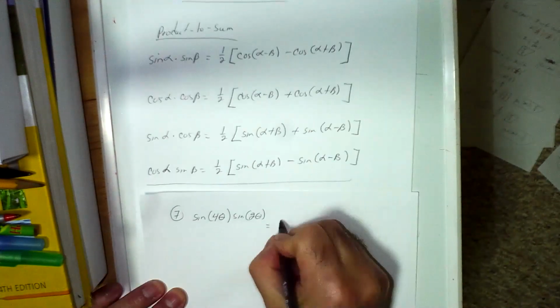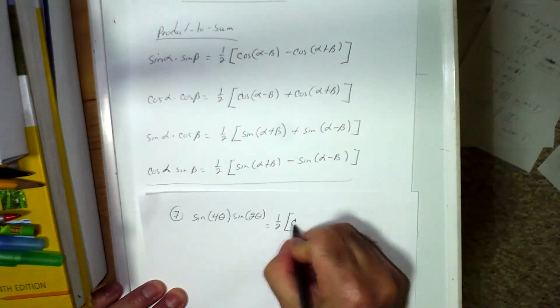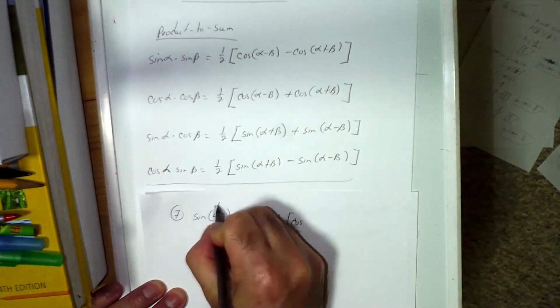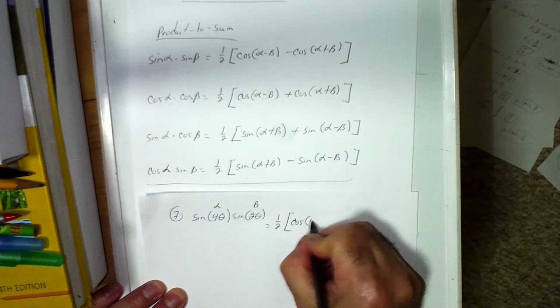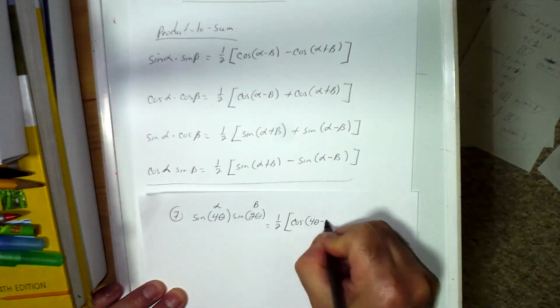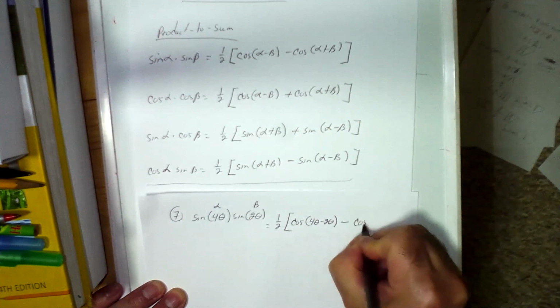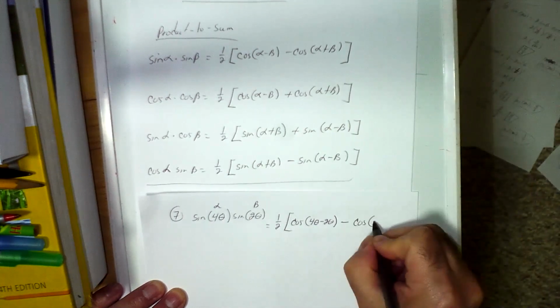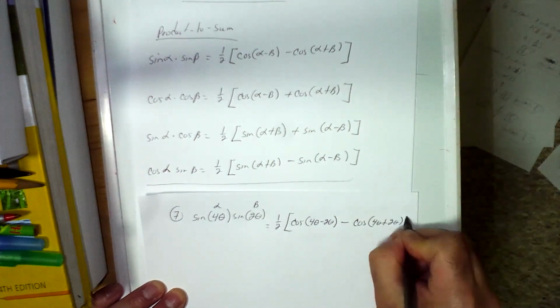So 1/2 bracket cosine. This is your alpha. This is your beta. So 4 theta minus 2 theta minus cosine 4 theta plus 2 theta. Okay.